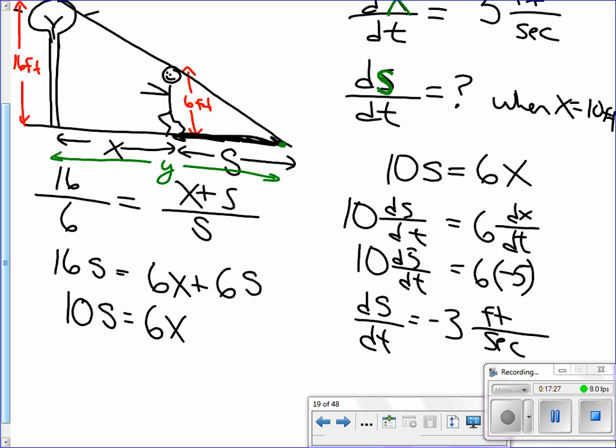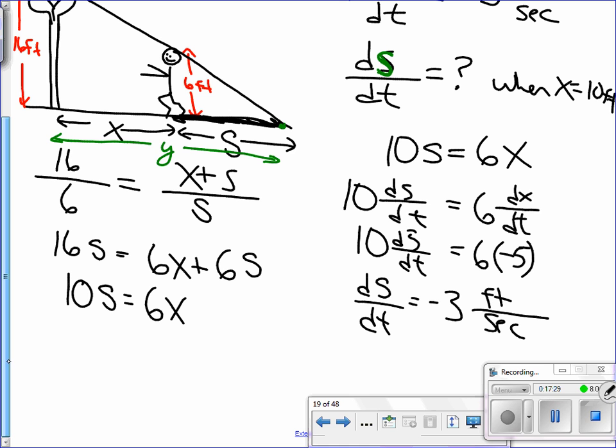What do we really need to know if we label that side Y? I'll call it B. Yeah, you want to know what dy dt is equal to. We know ds dt, we know dx dt, but we want to know dy dt.